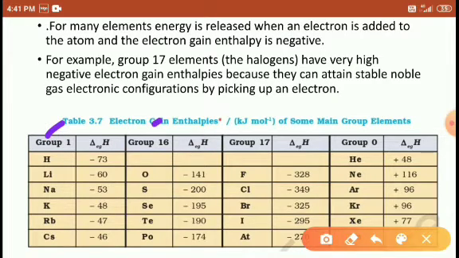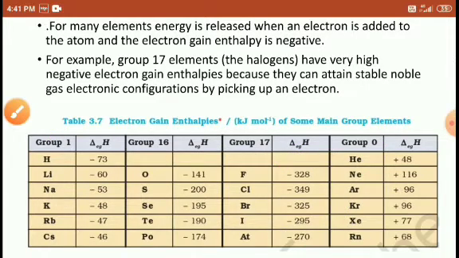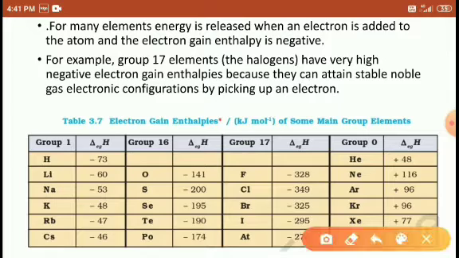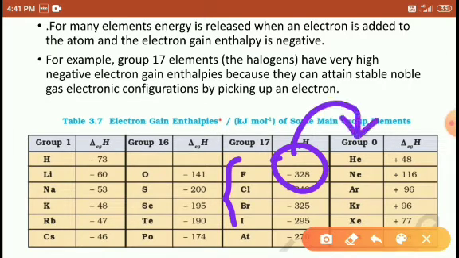Right, students? So these have high electronegativity and high electron gain enthalpy because to attain the noble gas configuration, they need only 1 electron. That's why they apply more energy to attain the noble gas configuration.